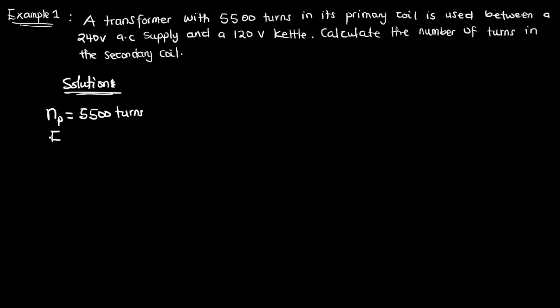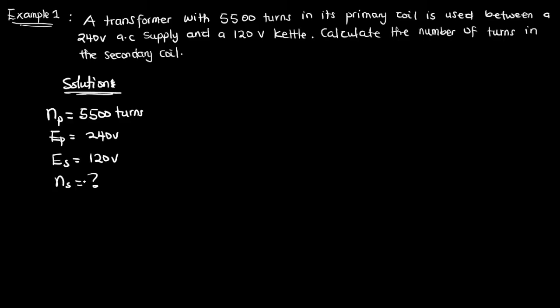So it means EP, the primary voltage, is 240 volts, and then a 120 volt kettle, right? It means the kettle, if you plug it, is going to draw out 120 volts, which is the secondary voltage or the secondary EMF. So our ES is 120 volts. So we have to calculate the number of turns in the secondary coil. That is what we do not know, right?